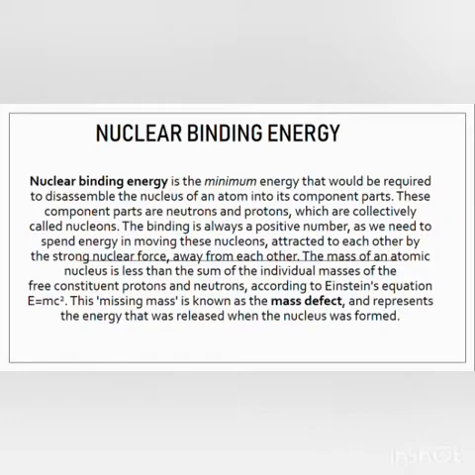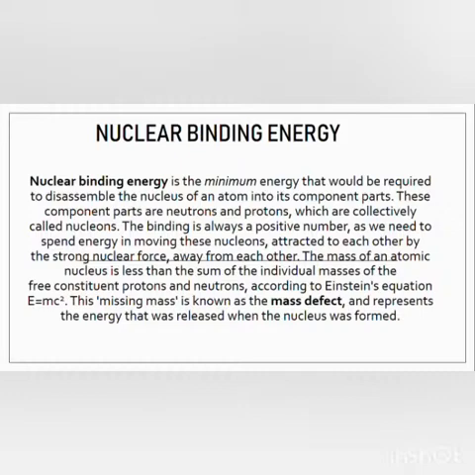Now let us see what nuclear binding energy is. Nuclear binding energy is the minimum energy that would be required to disassemble the nucleus of an atom into its component parts. These component parts are neutrons and protons, which are collectively called nucleons. The binding energy is always a positive number, as we need to spend energy in moving these nucleons, attracted to each other by the strong nuclear force, away from each other.